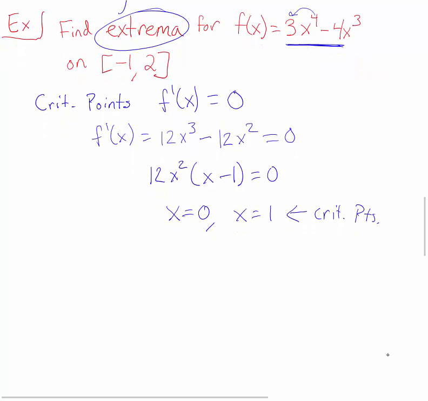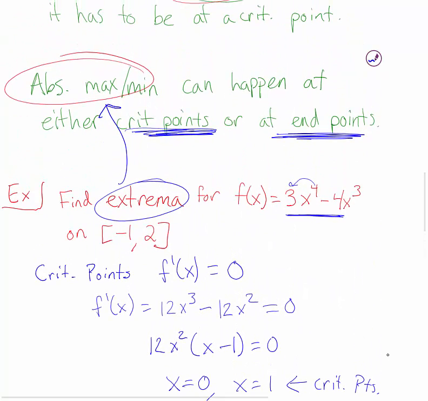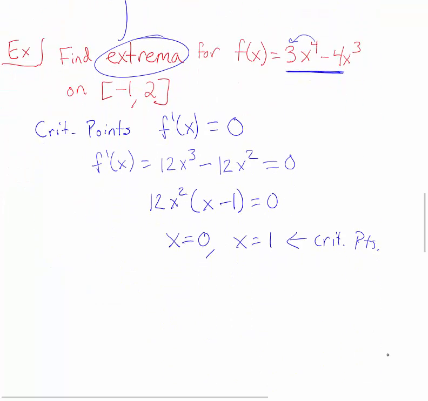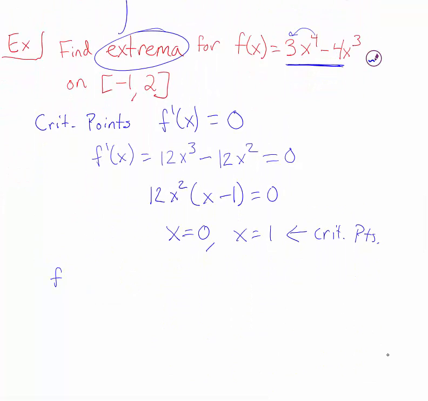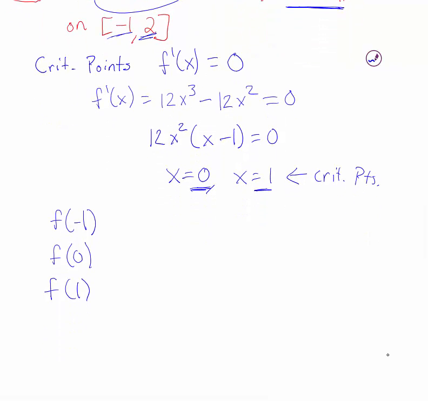And then we want to check, like we said, the critical points and the endpoints. I usually just go in order from smallest to biggest. So I'm going to check f of -1, which is my first endpoint, then f of 0, which is one of the critical points, f of 1, my next critical point, and finally f of 2, the last one.